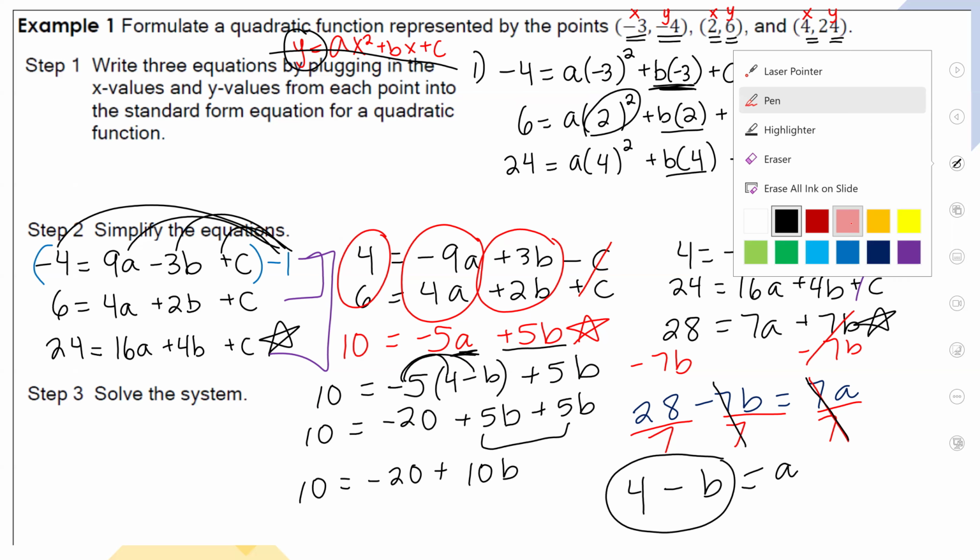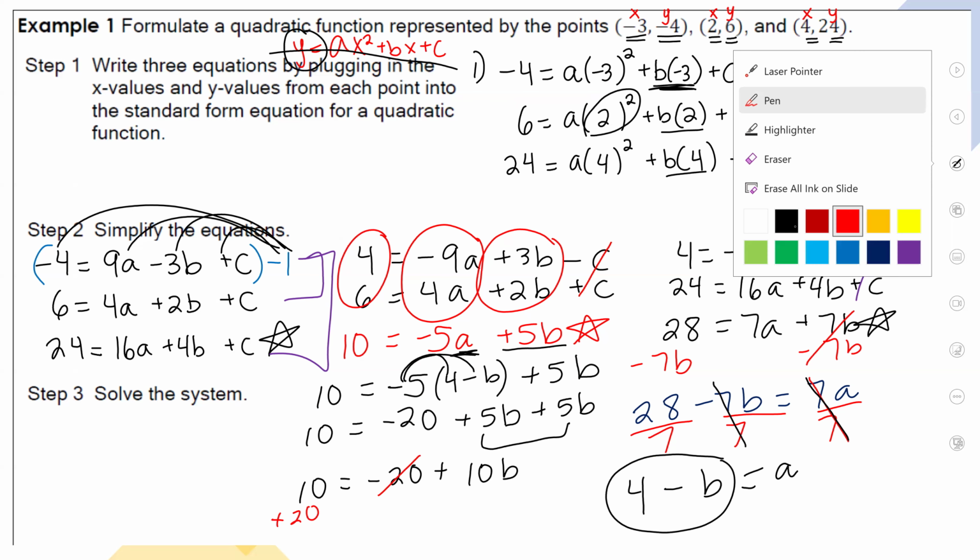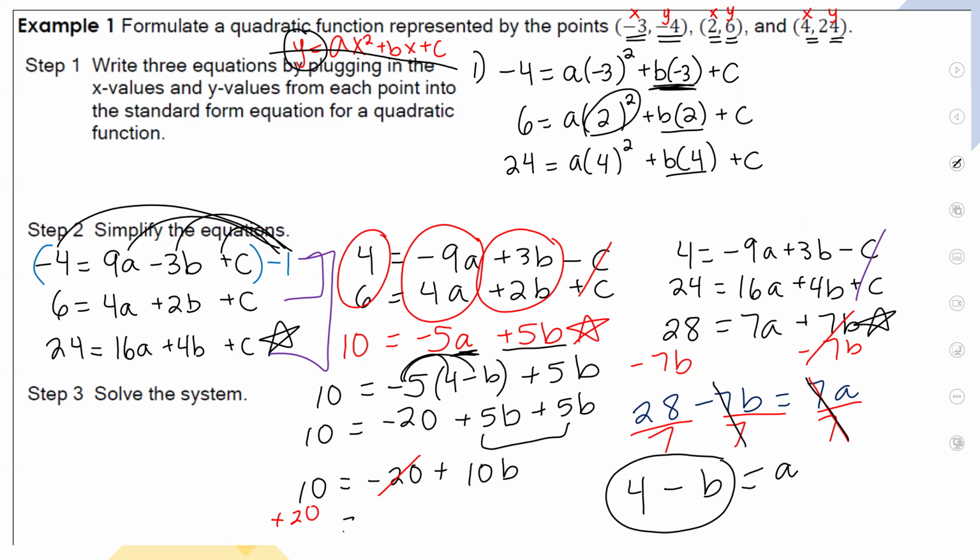Okay, let's go ahead and add 20 both sides. So I get 30 equals 10b. Now we're going to divide both sides by 10. So we get b is 3.